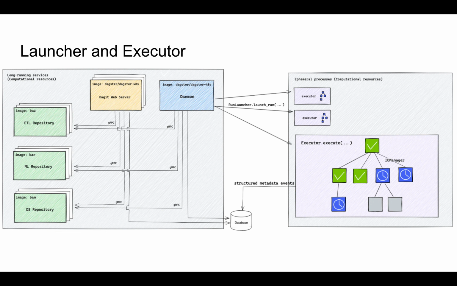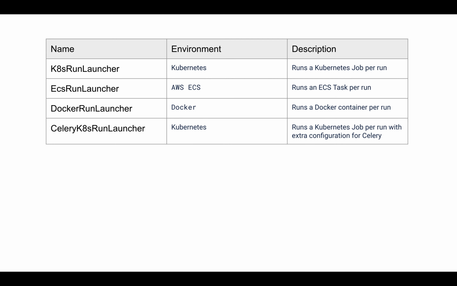This can be configured for things like Kubernetes or ECS, or you can create your own launcher. Like everything in Dagster, there are these core abstractions that can be configured for whatever you need. Executors just allow you to control how you run the various nodes in your graph in parallel. So this is an overview of some of the different launchers that are available.